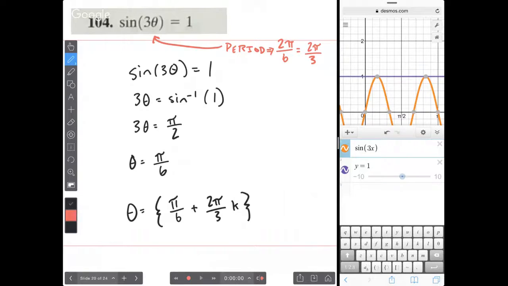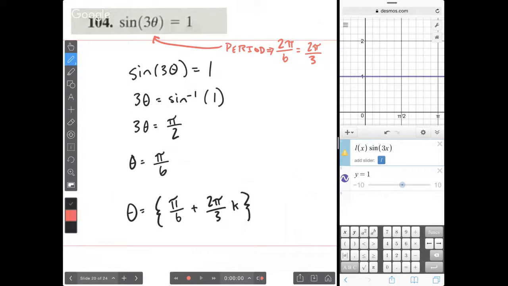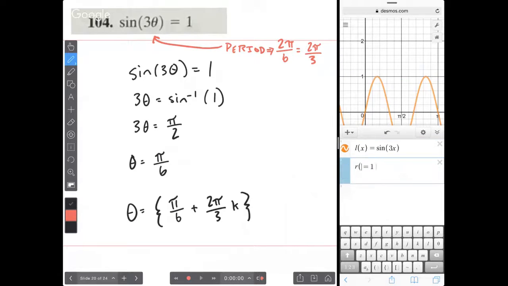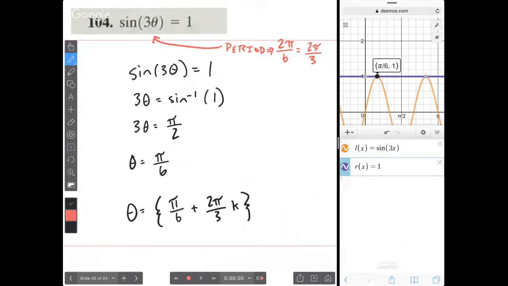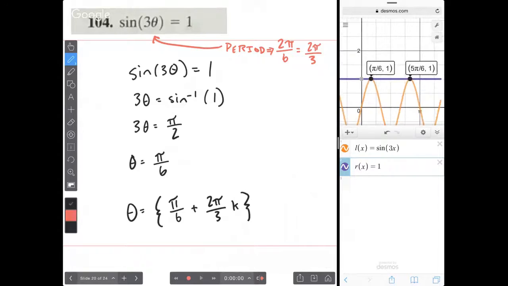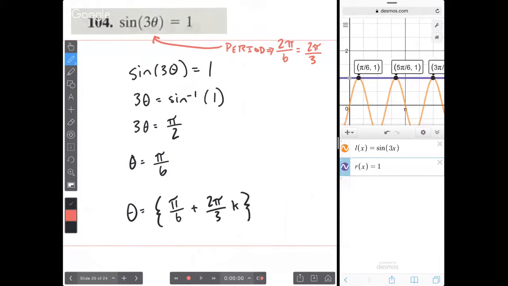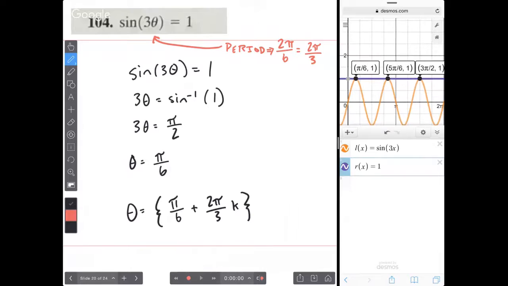I'll do left side function and right side function. And pi over 6. And again at 5 pi over 6. So that's 2 pi over 3 apart. And 3 pi over 2, etc.